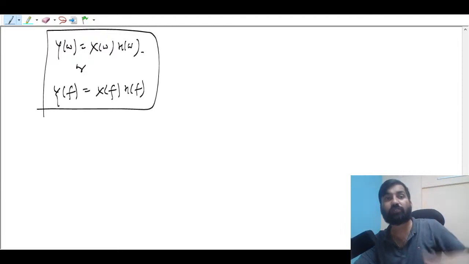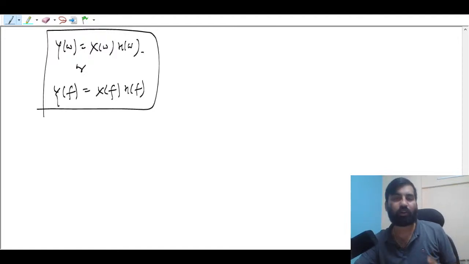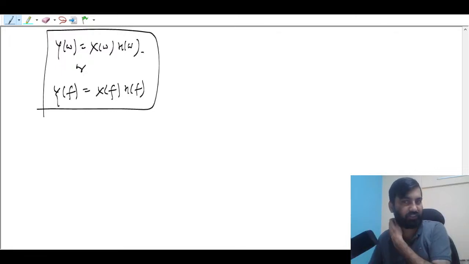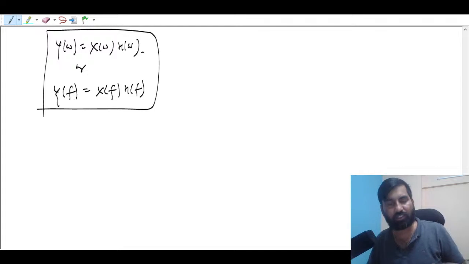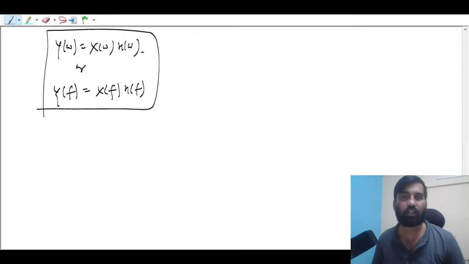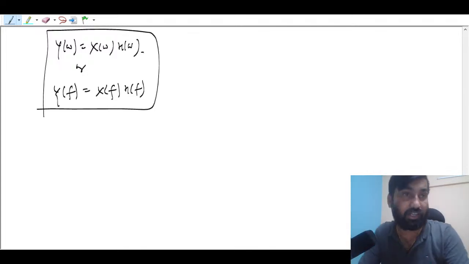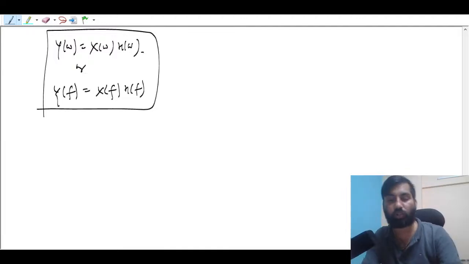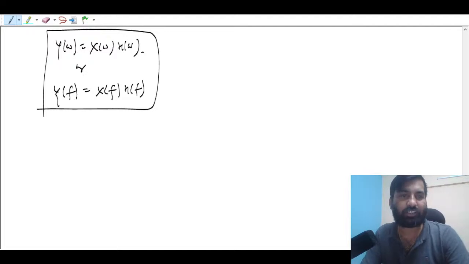The response y(t) of a relaxed LTI system, meaning with zero initial condition, whose impulse response is h(t), to an input x(t), gives the convolution, right? In the frequency domain, this relation translates to the product of the Fourier transforms. So I think this is clear for all.